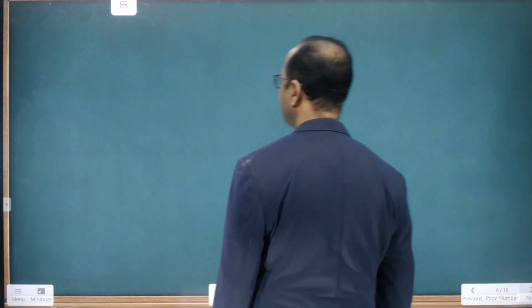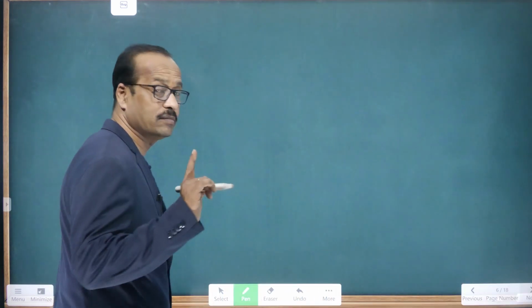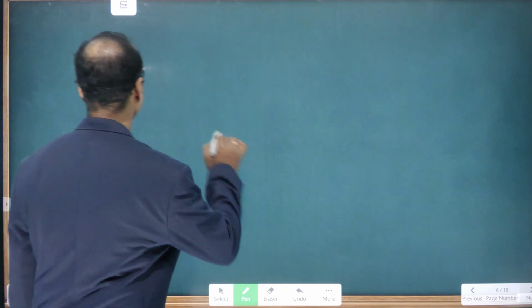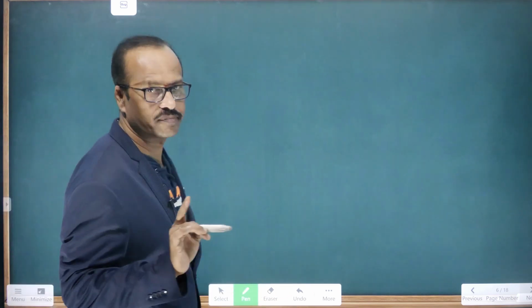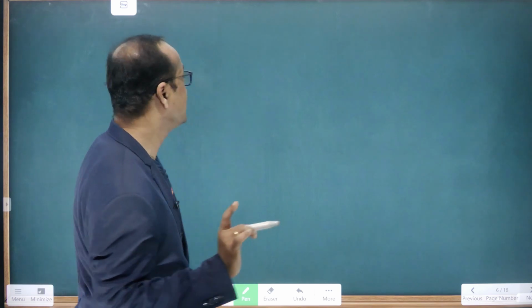Then about molecules. There is a very important thing you have to remember. What is the oxygen atomic mass? 16.